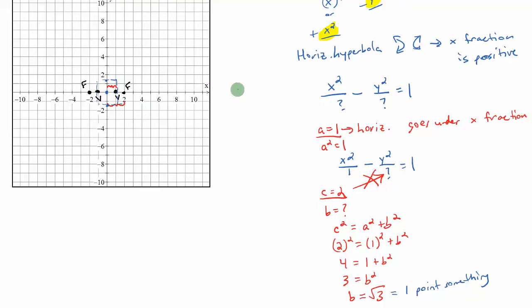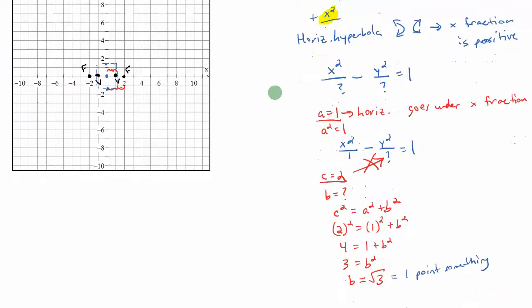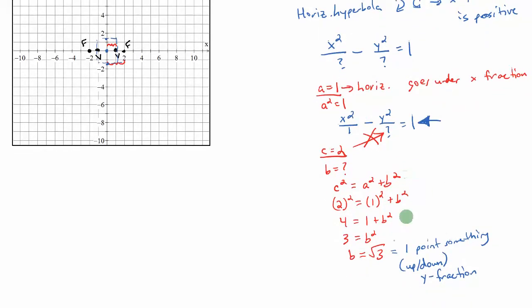However, I'm not asked for the curve or the graph, I'm asked for the equation, which is what we're working on right here. Okay, so now I just need this denominator. Notice that b was measured up and down. That means it goes under the y fraction, because y is the up and down measurement in a graph.